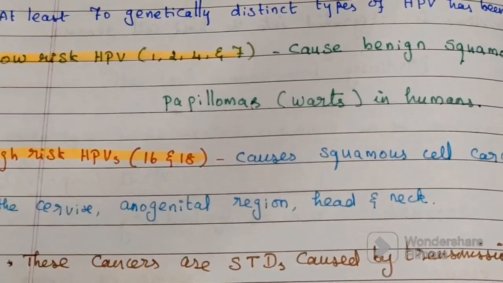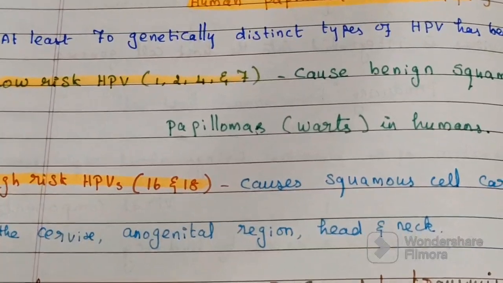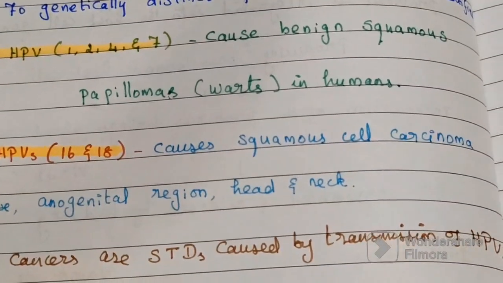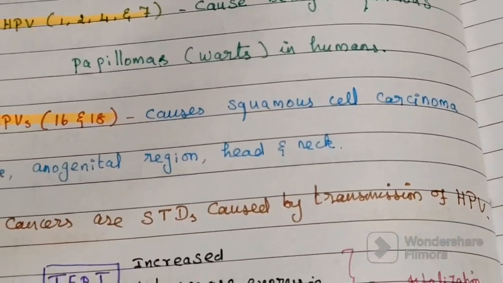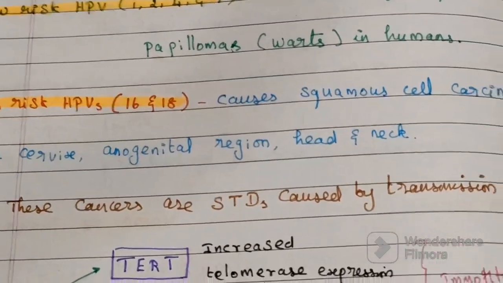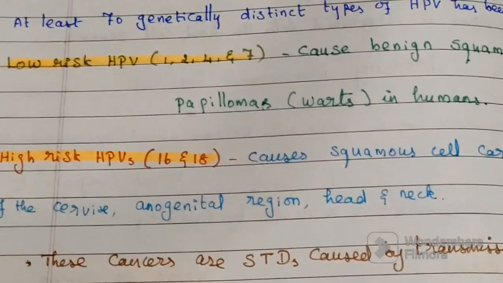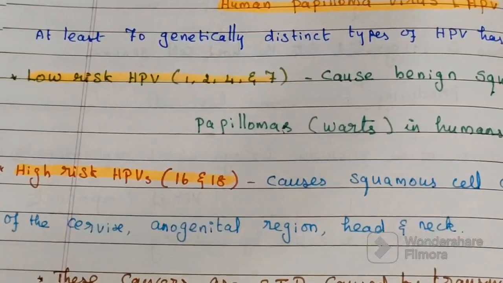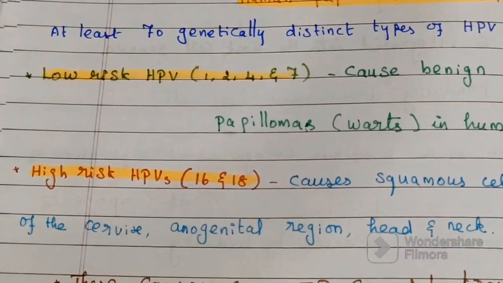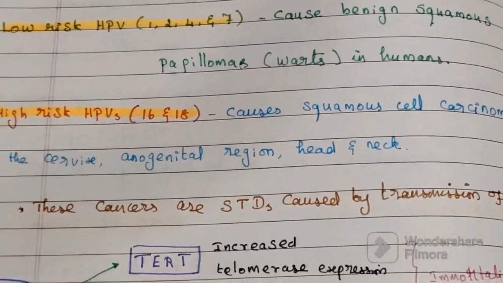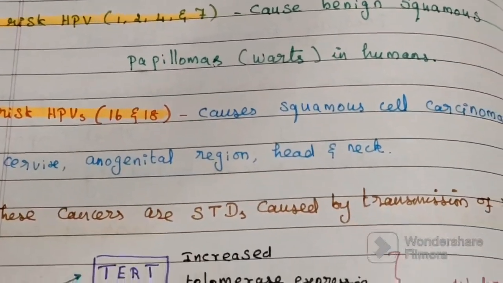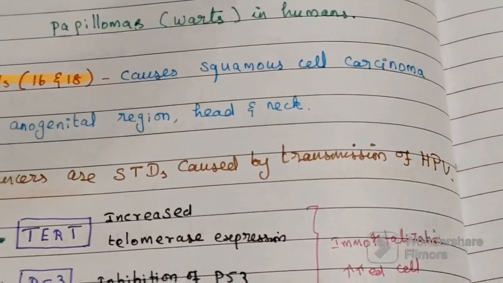Then high risk human papilloma virus types 16 and 18 cause squamous cell carcinoma of the anogenital region, head and neck. So lower risk: human papilloma virus 1, 2, 4, 7. High risk: 16 and 18. These cancers are sexually transmitted diseases caused by human papilloma virus.